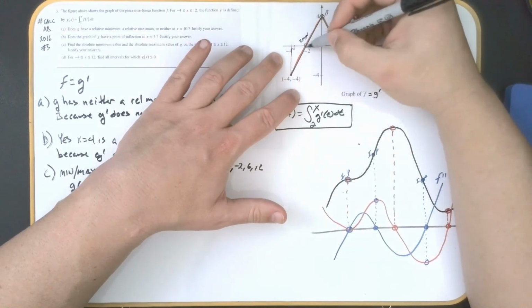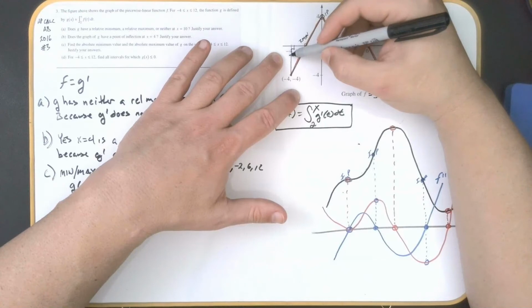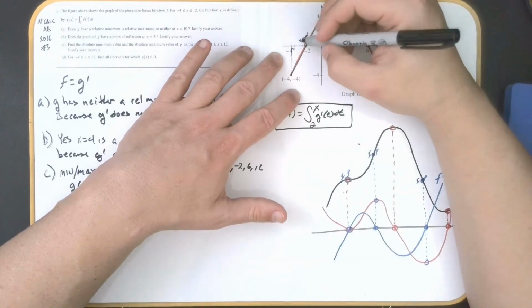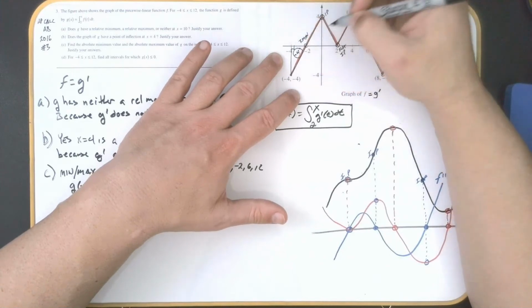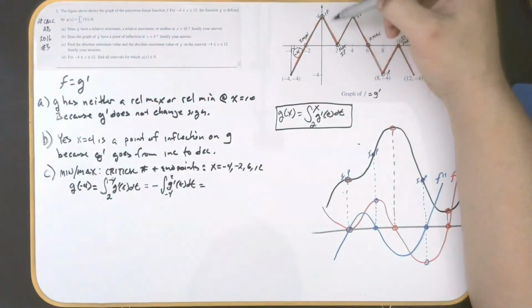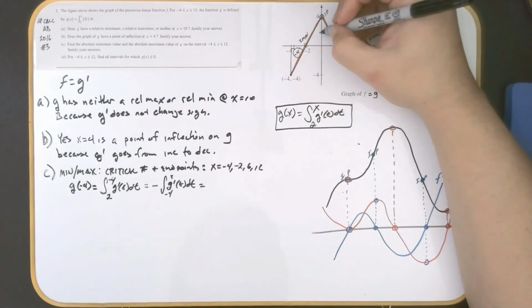We're going from -2 to -4, that's 2. This height is 4. 2 times 4 is 8, times a half is 4, but we're below the x-axis, so I'm going to put a -4 right there and circle it. Okay. My next triangular area, I'm going from -2 to +2. This is 4. My height is also 4. 4 times 4 is 16 times a half. This is above the x-axis, and it is equal to 8.